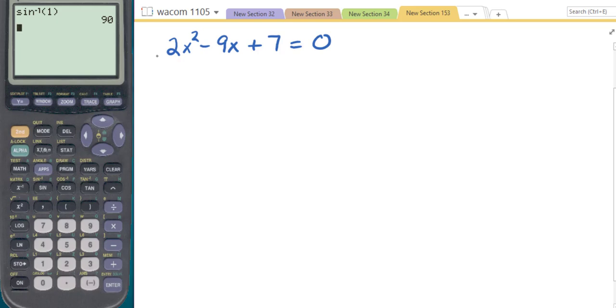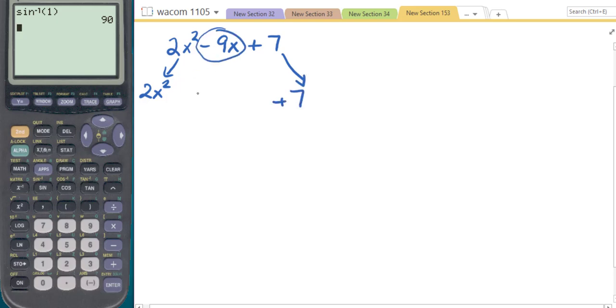For this trinomial, we don't even need the equation part here. If you want to factor this, one way is to keep your first term, keep your last term, and split the middle and make 2 terms, and then we can do it by grouping.